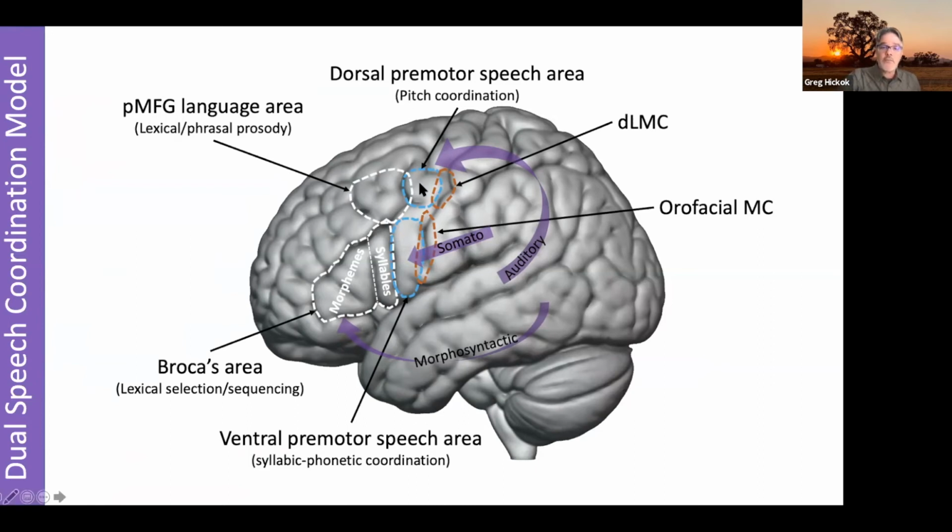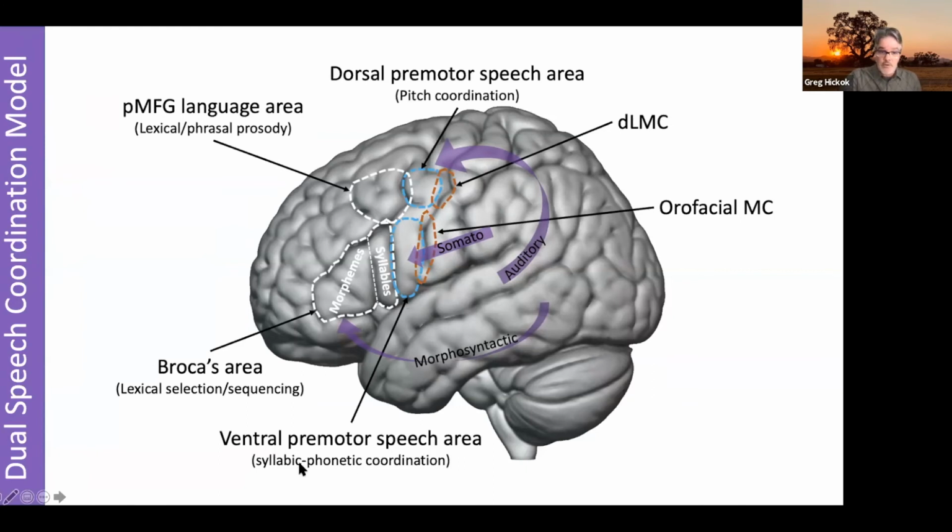And this receives extensive auditory input. Now, these terms here are meant to indicate that there's a strong bias for auditory input. It doesn't mean that that's the only source of input, but certainly this region is getting a lot of input from the auditory system. The ventral hierarchy is what we are pretty much familiar with. You have oral facial motor cortex, which includes some laryngeal representation somewhere in here.